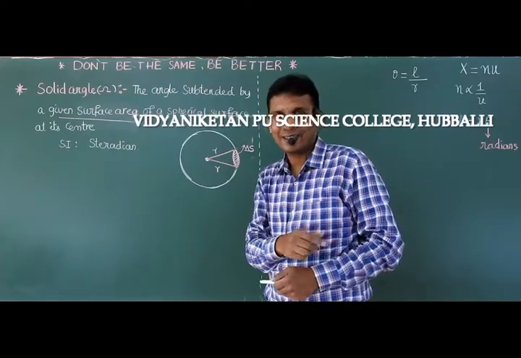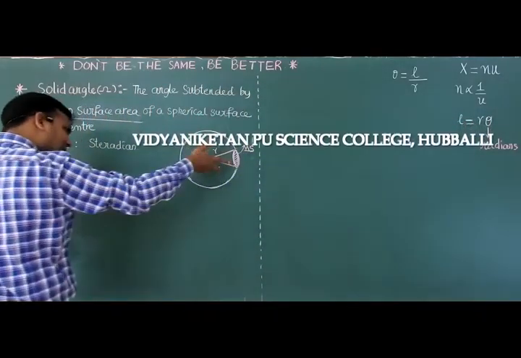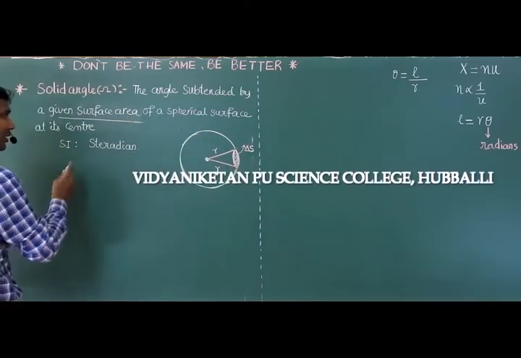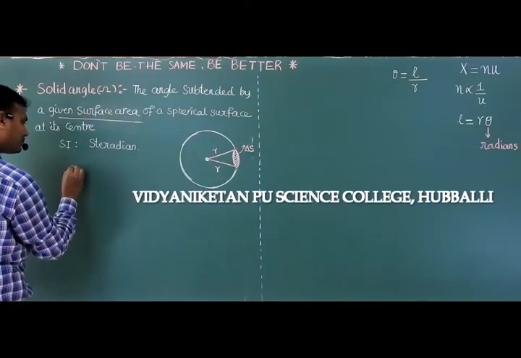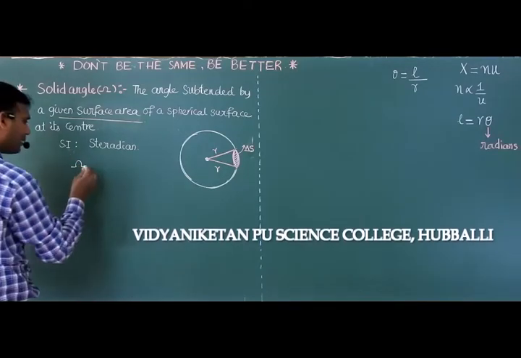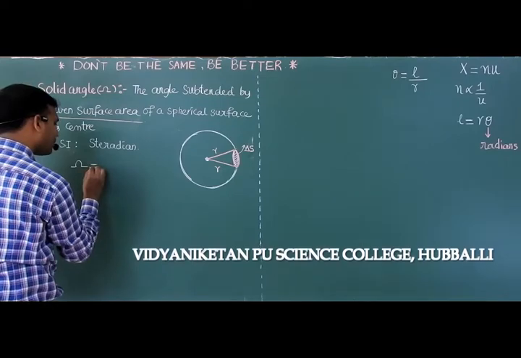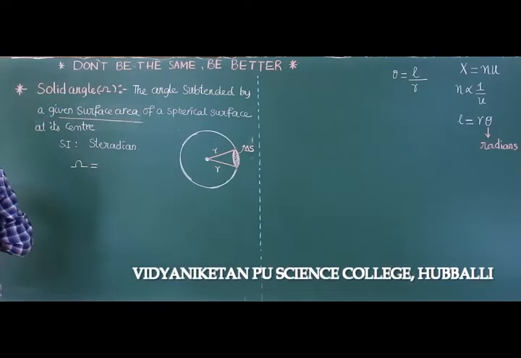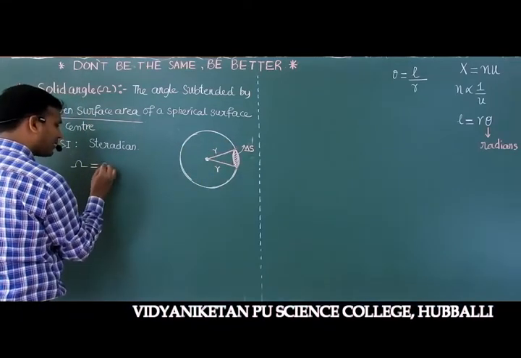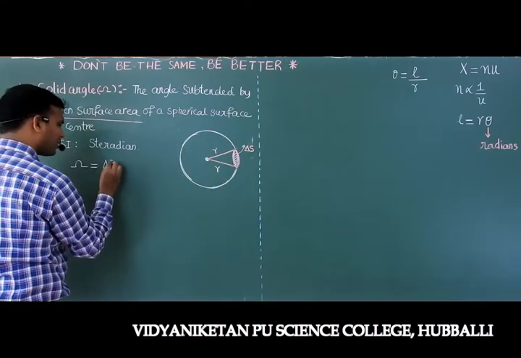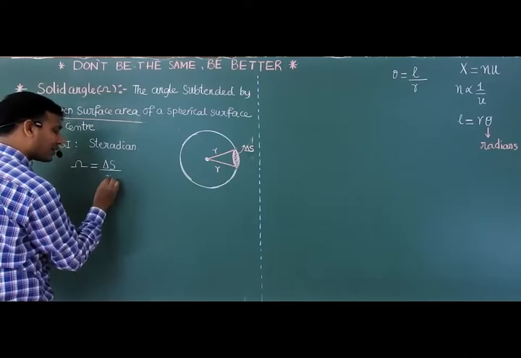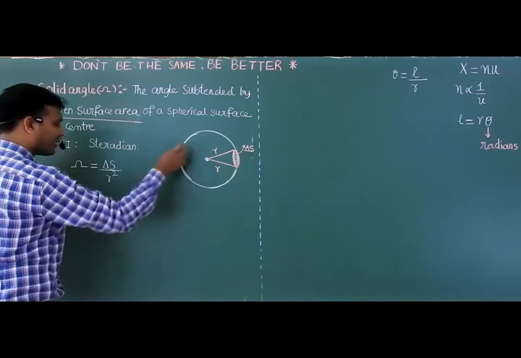R is the radius. Similarly, for a given spherical surface, this omega is a symbol for representation of solid angle. Omega is equal to, we can write like this, delta S or dS divided by the square of the radius.